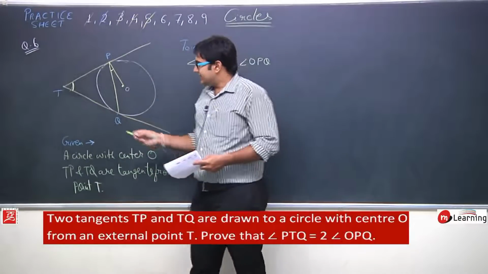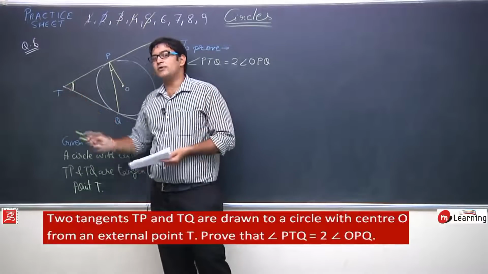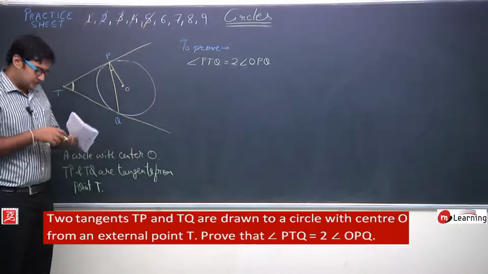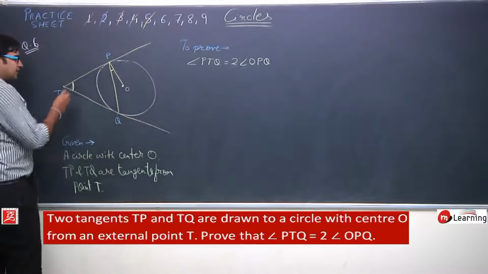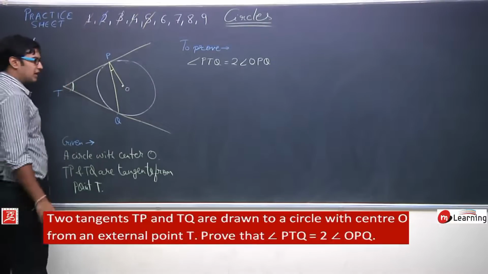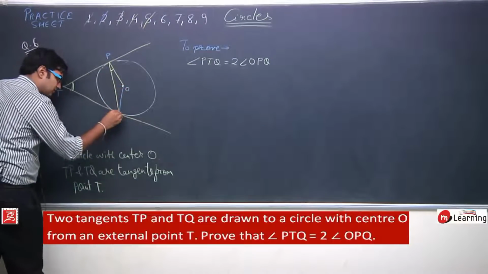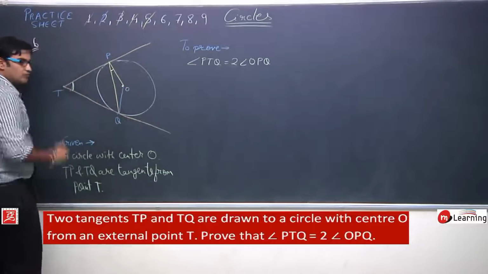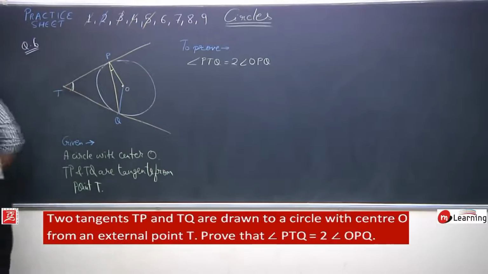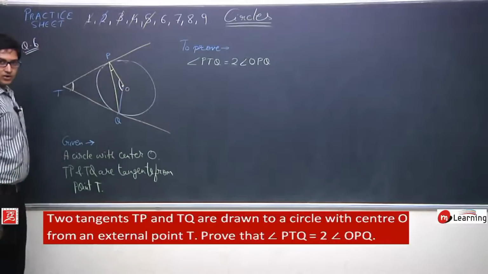We have already proved a property in the previous question, that if I join O and Q, observe this angle and this angle.